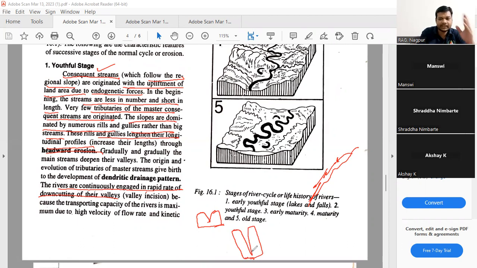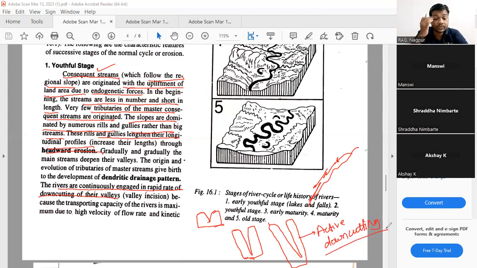Deep valleys, V-shaped valleys. This is due to the active down cutting by the rivers.